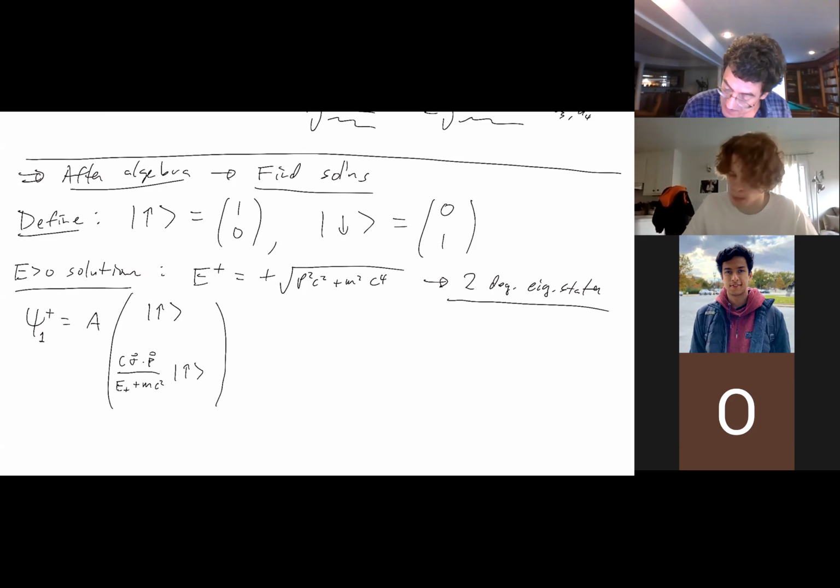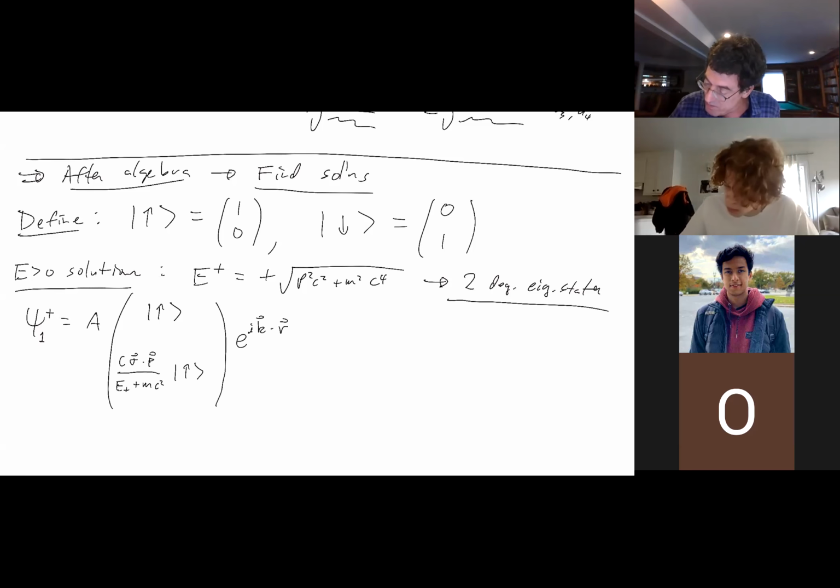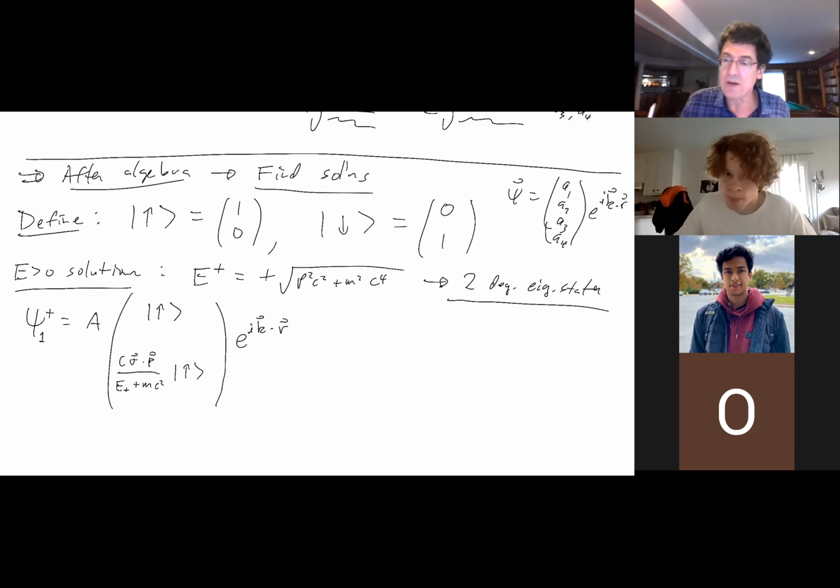Then this whole state gets multiplied by a plane wave. Remember that psi is equal to A1, A2, A3, A4 times e to the i k dot r. I'm putting the plane wave back in to get my wave function. So that's the first state.